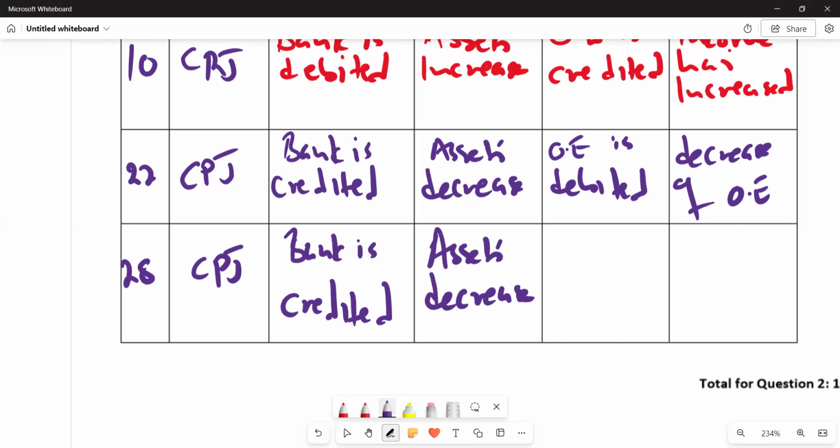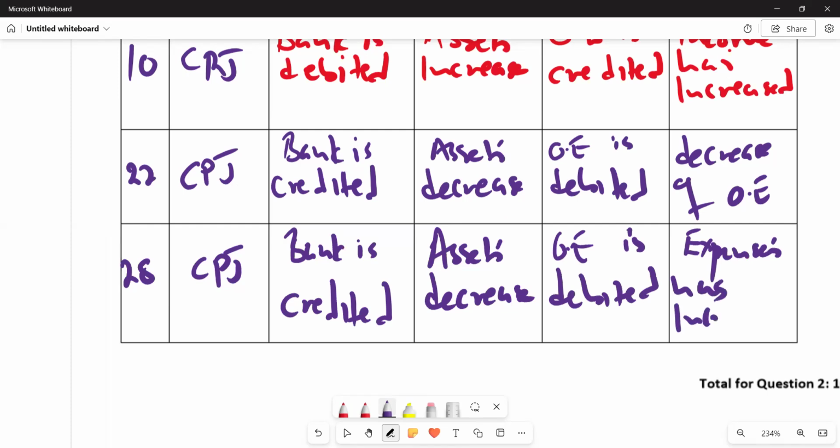We know that it's going to be debited, so it's going to decrease the owner's equity. Reason: expenses have increased. Our consumables are part of our expense. So this is what we have, guys, in terms of the last transaction in this video.